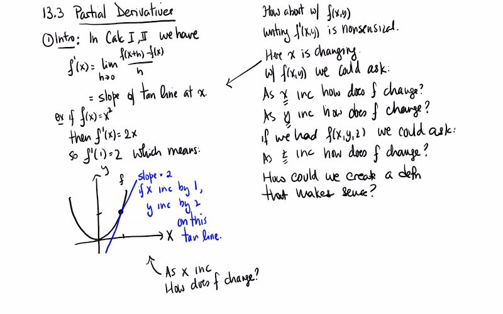So I'm going to clear the screen, but the thing to keep in mind is we're interested in looking at these variables, x and y, and what happens to the function as x changes and as y changes. And if we have f of x, y, z, also we can see what happens as z changes. So, we'll say partial derivatives.